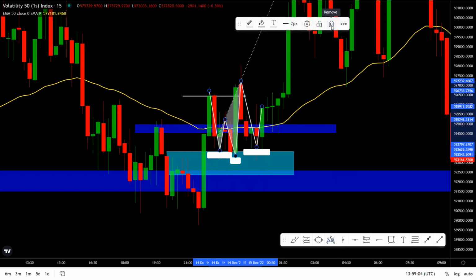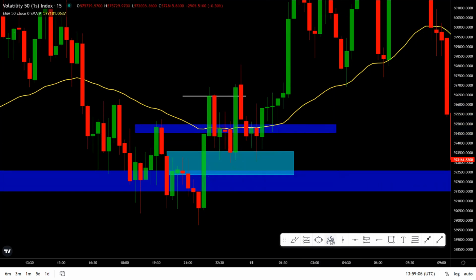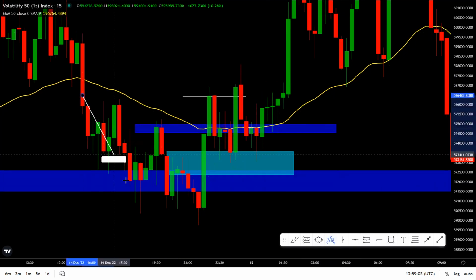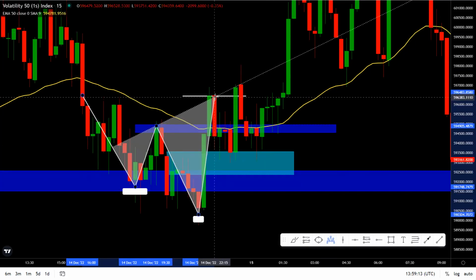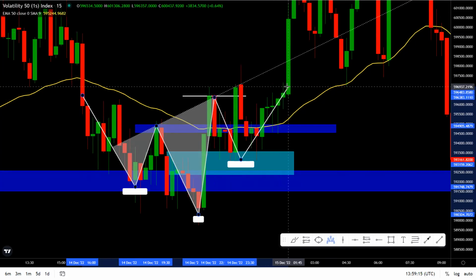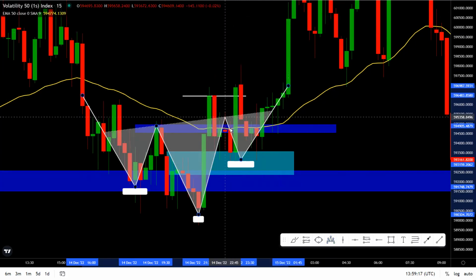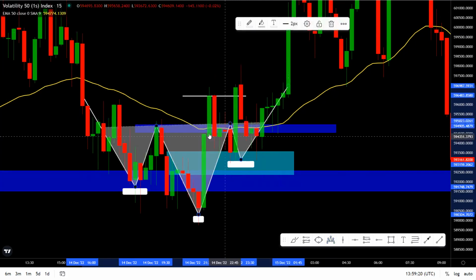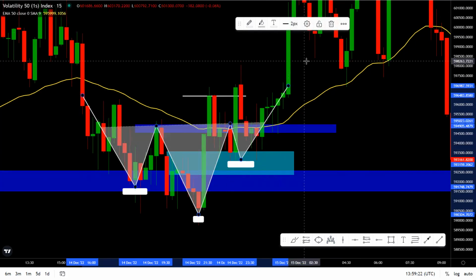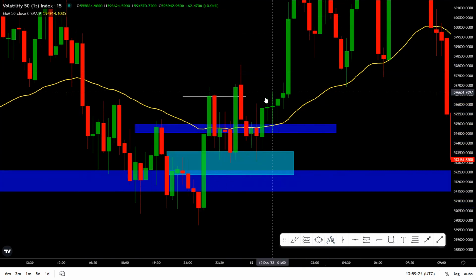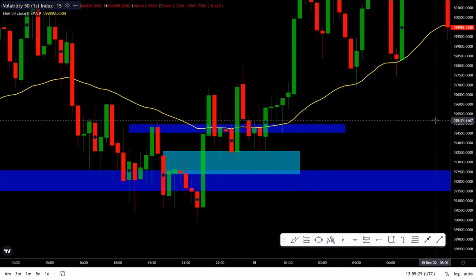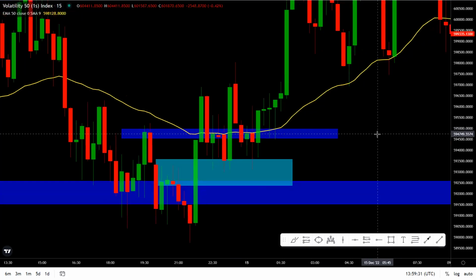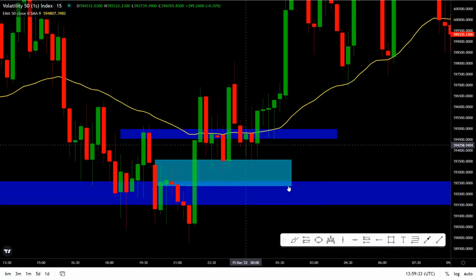We can choose to see it from that light. So I had so many convincing reasons telling me that this level was very much going to hold. But then I had my entry for longs.